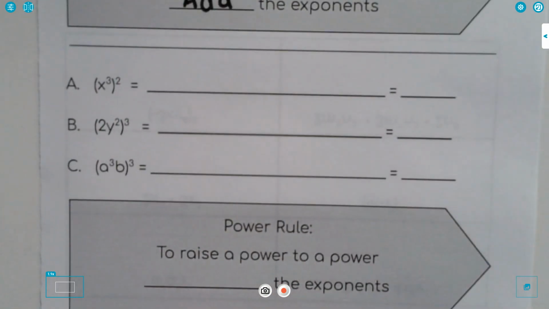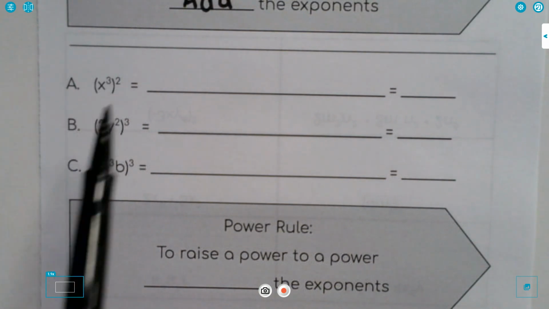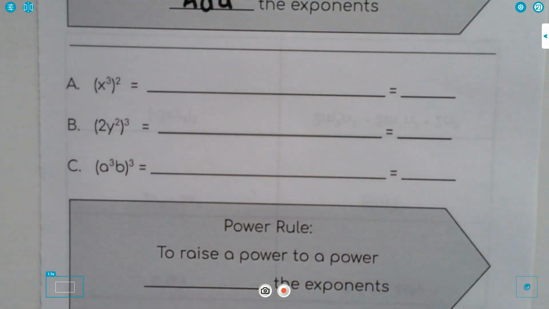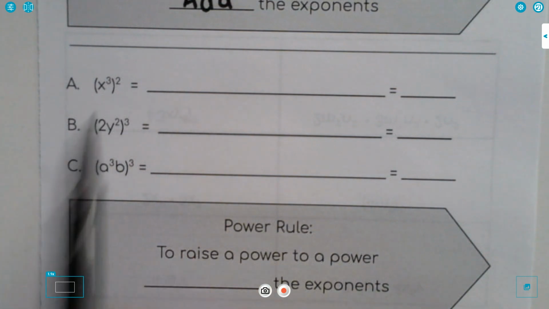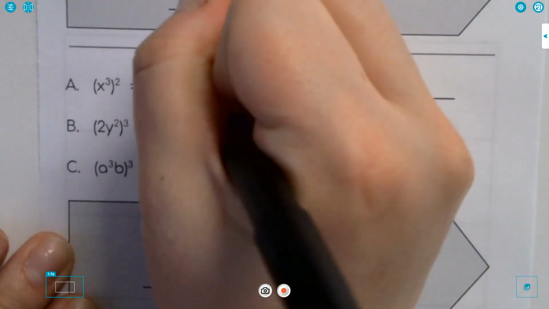So this next rule that we are looking at, we've got stuff in parentheses with exponents, and then there's more exponents outside. So we could expand this all the way. We'll do that on the first one. We're not going to do it on the rest of them. So x to the third in and of itself means x times x times x. So this means we've got x times x times x.